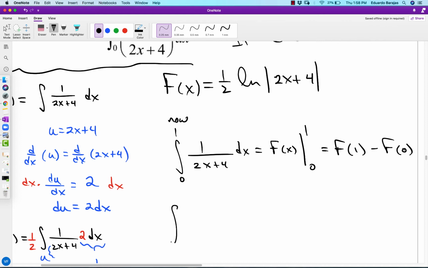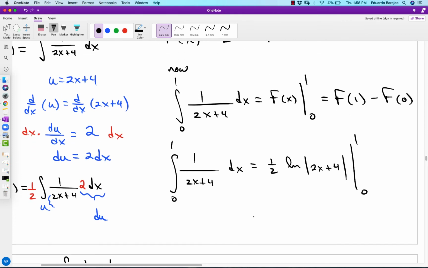Or, in other words, the integral from 0 to 1 of 1 over 2x plus 4 dx is equal to 1/2 ln of the absolute value of 2x plus 4, close absolute value, evaluated from 0 to 1.